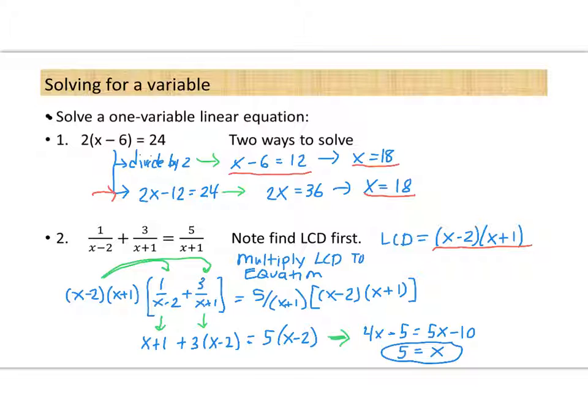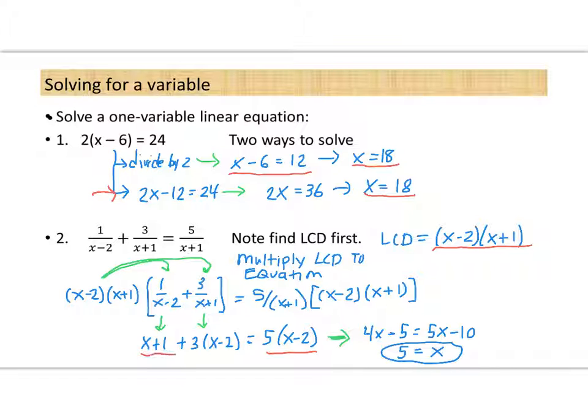When I multiply (x minus 2)(x plus 1) times 3 over (x plus 1), the x plus 1's cancel, and I'm left with 3 times (x minus 2). On the other side of the equation, I notice that the x plus 1's cancel, and I'm left with 5 times (x minus 2).